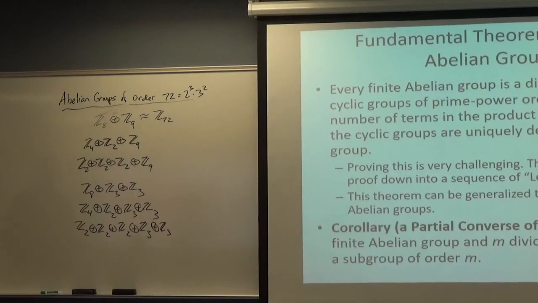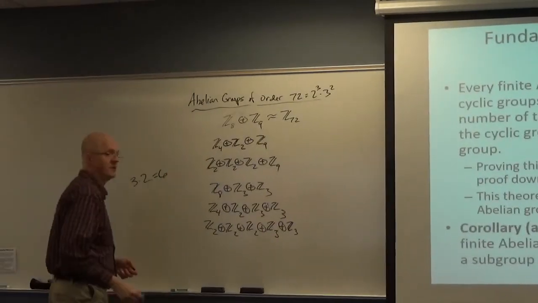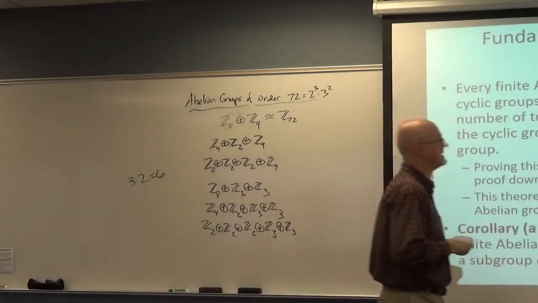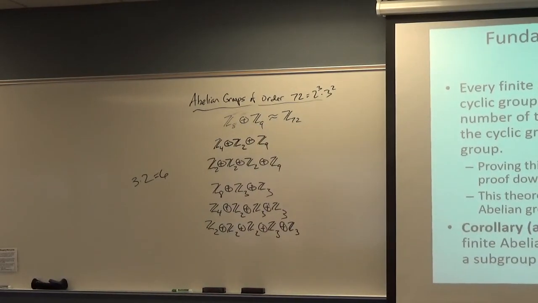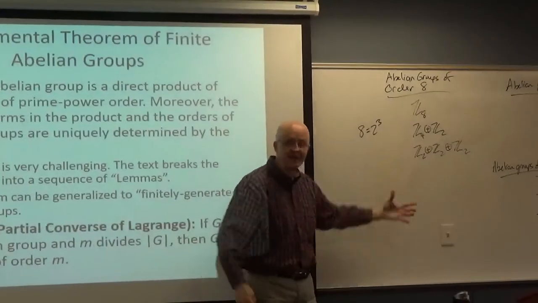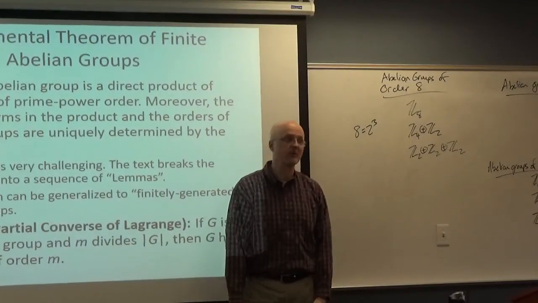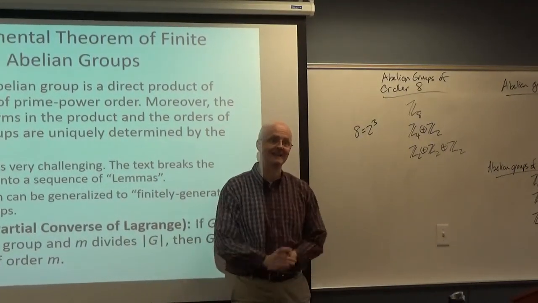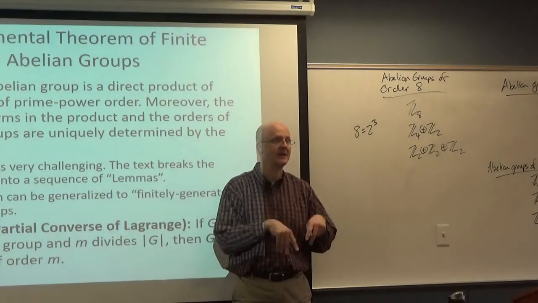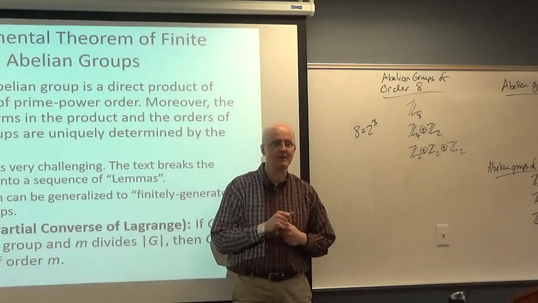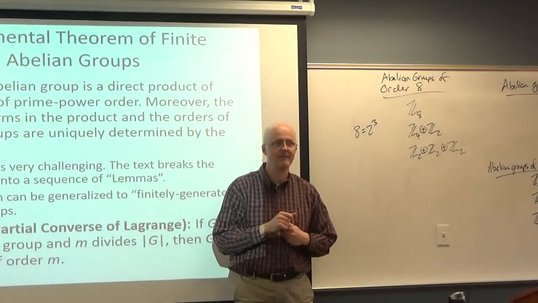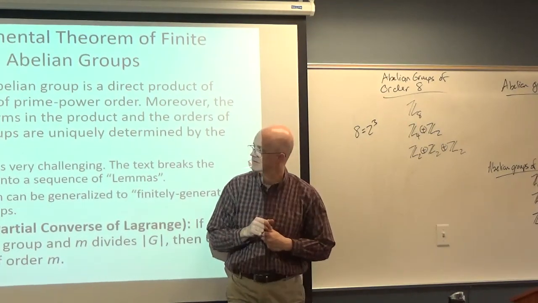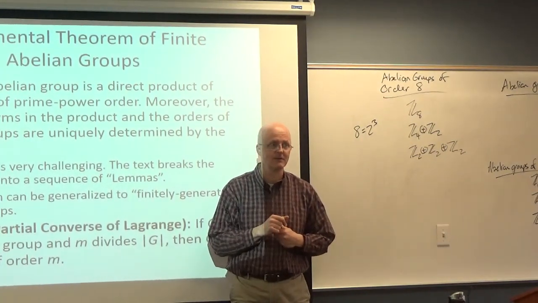And it's no accident that 6 equals 3 times 2, where 3 is the number of abelian groups of order 8, and 2 is the number of abelian groups of order 9: Z9 and Z3 external direct product with Z3. It's not an accident that the answer is 3 times 2.